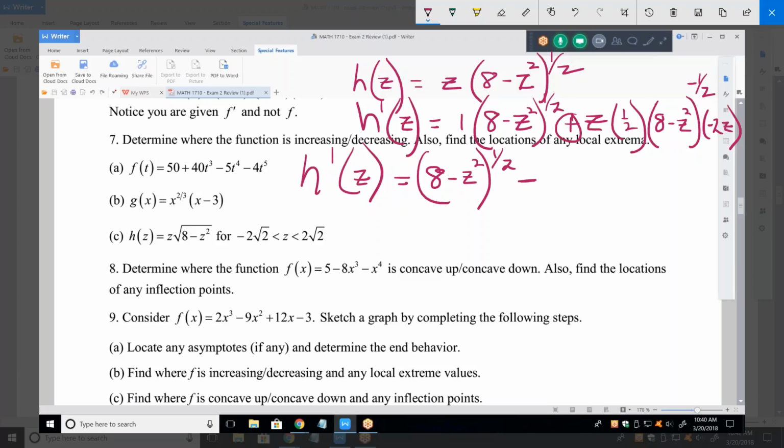Because that plus and that negative right there become a negative. And my 2z times that z is 2z squared times a half is z squared. So that gets rid of that, that, and that, all times 8 minus z squared to the negative 1/2.